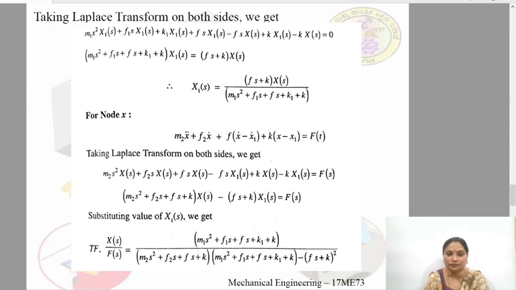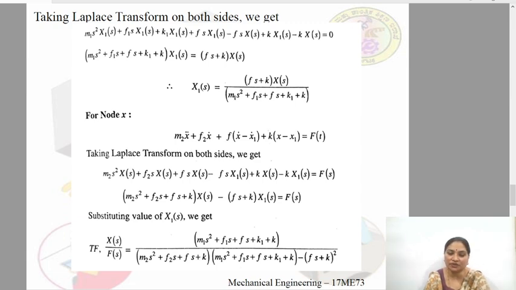Now we get the equation as X1(s) is equal to (fs plus k) X(s) divided by (m1 s square plus f1 s plus fs plus k1 plus k).